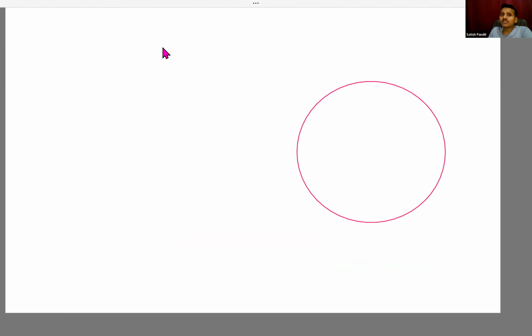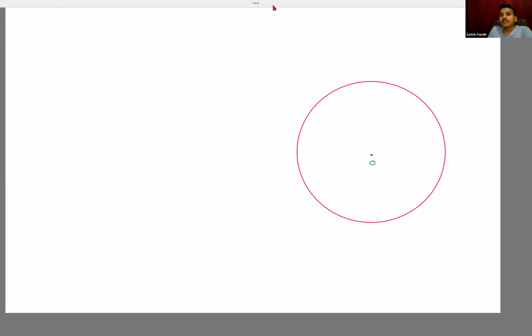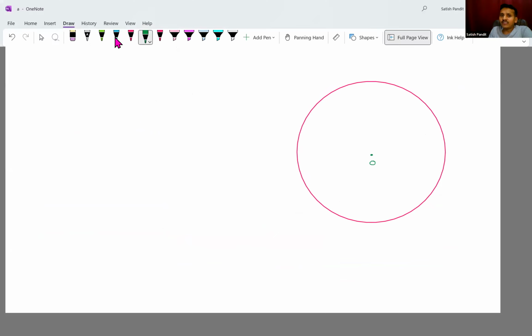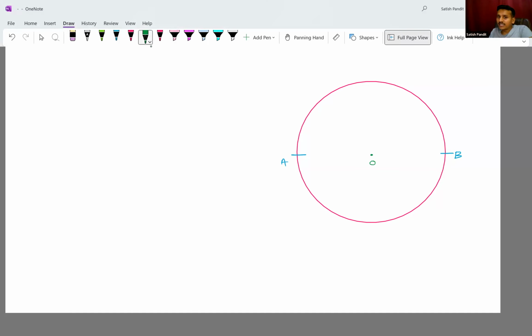A circular ground means the circle will have a center, right? Let the center be O. Now, there is someone who is starting from point A and finally they're at point B.